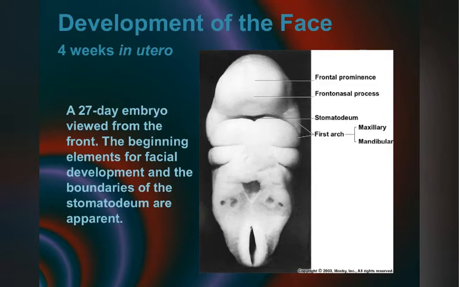This is also a 4 weeks in utero human embryo, and we can identify the stomodium, and that's surrounded by the 5 facial processes.